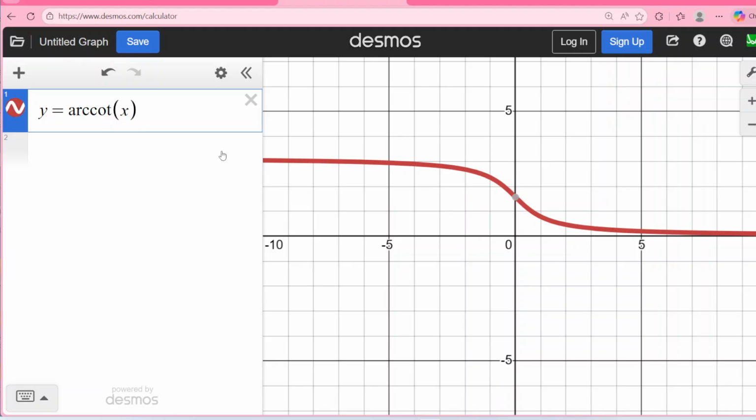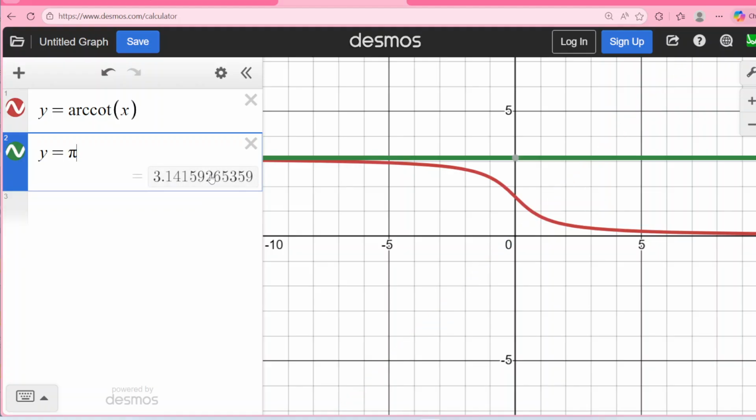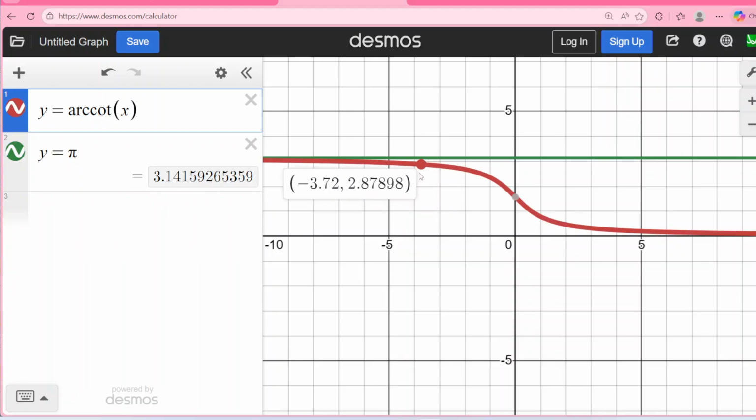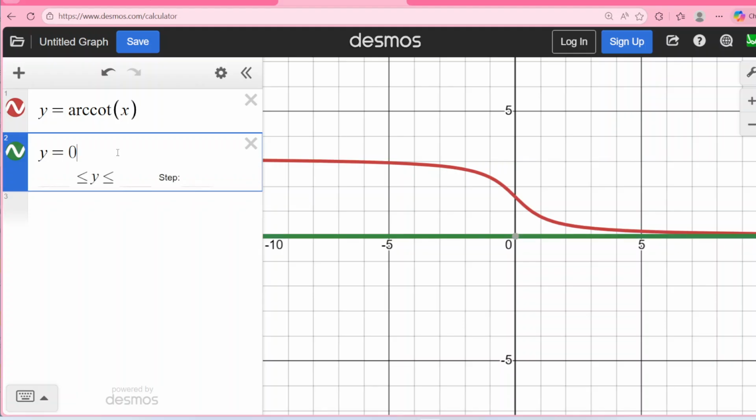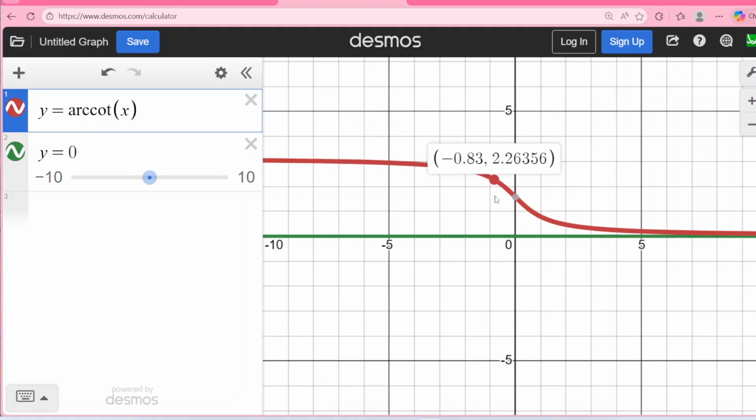You can plug in anything. The range, however, is not from -pi/2 to pi/2, but from 0 to pi. So there's y equals pi in green. That's the left asymptote, right? As I go to the far left, the output's approaching pi, but never actually becoming pi. And then the right asymptote would be the x-axis, y equals 0. As you go to the right forever, the output's approaching 0. So domain, all real numbers. Range is from 0 to pi, without including 0 or pi.